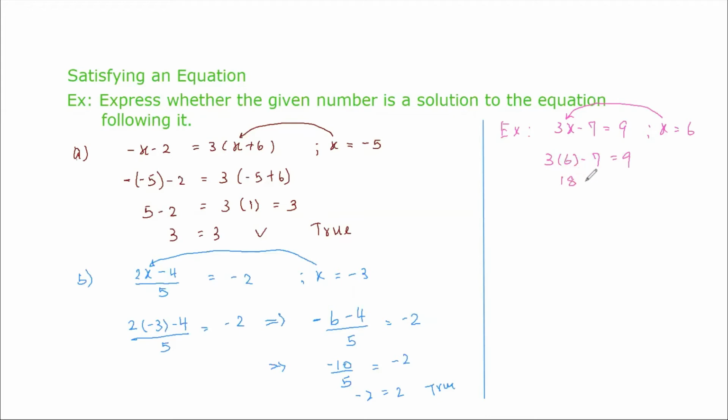Is 18 minus 7. So what we have becomes 11 equal to 9. So this is not equal, so it is wrong. Okay, this talks about satisfying an equation. Okay, see more examples.